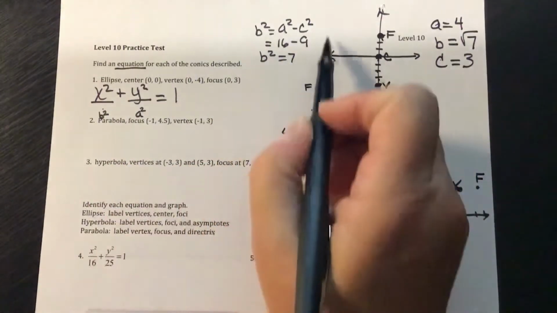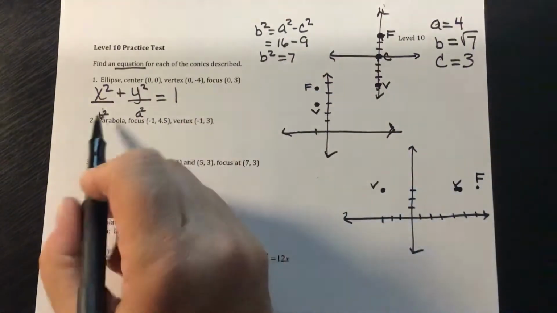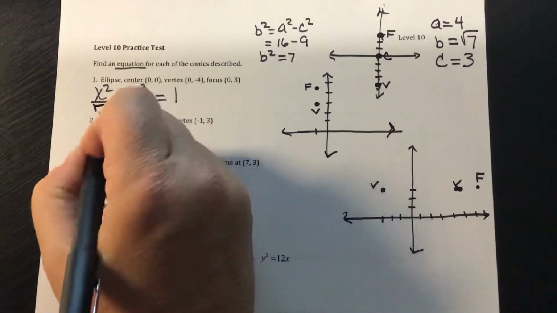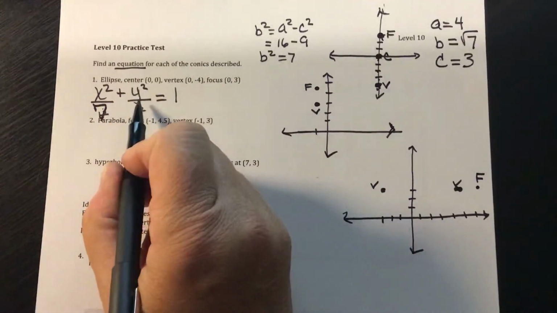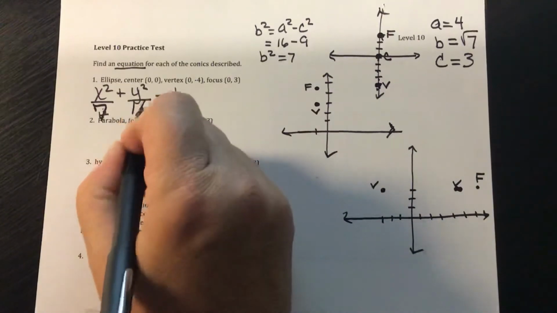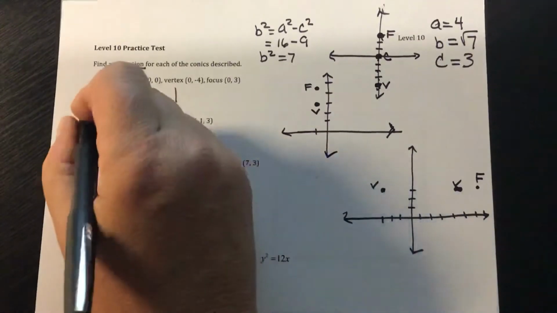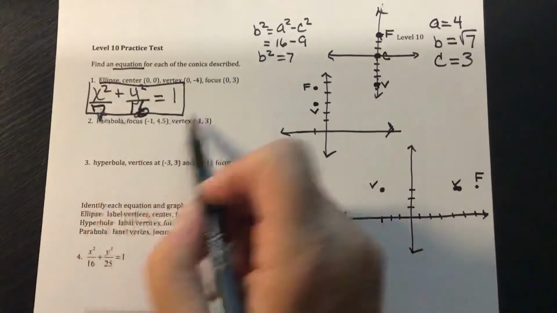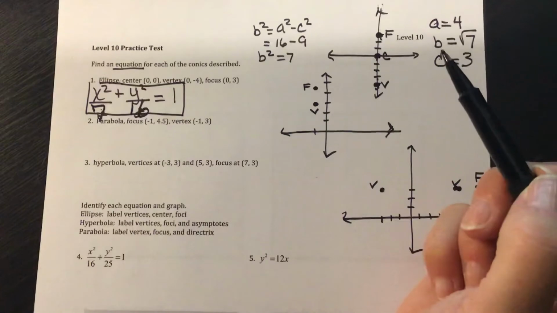So now, just from this information, I know my b squared value is 7, so that's what I'm going to put here. And my a squared value is 16. And that's all I really need to do for this one. It doesn't ask me to graph, so I just need to write the equation.